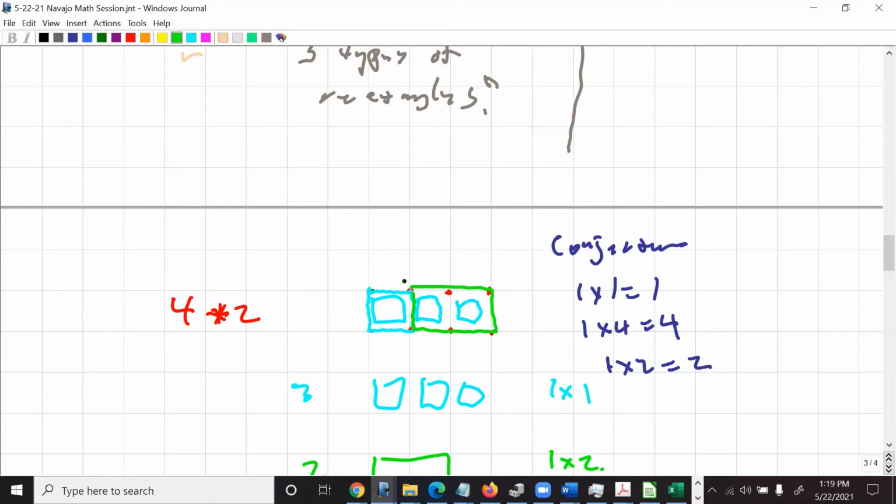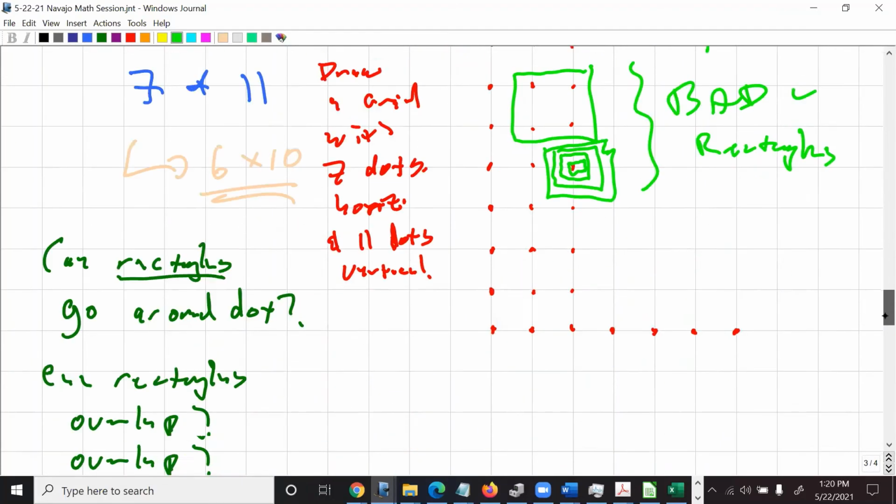You're going through the dots? And what part is on the dots? Be more specific still. Those 2 rectangles that you've drawn, you've actually used the dots as corners. Awesome. That's got to be one of our rules.